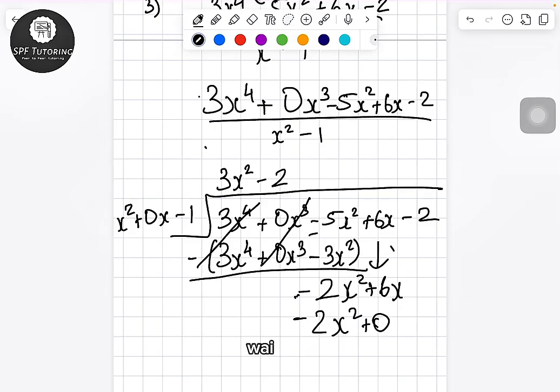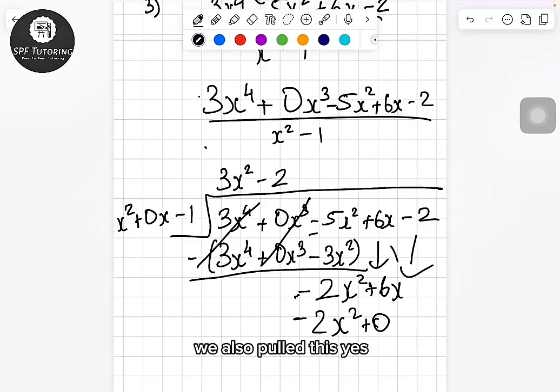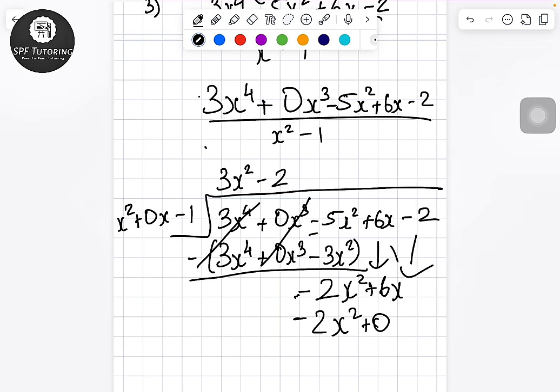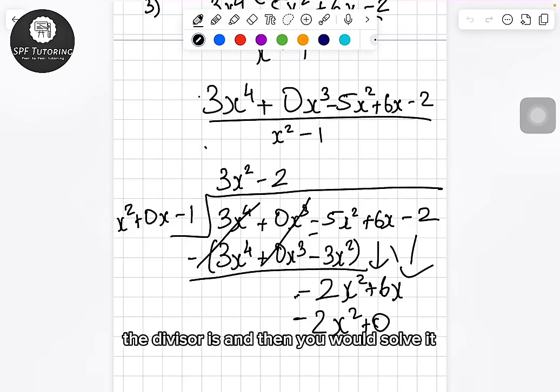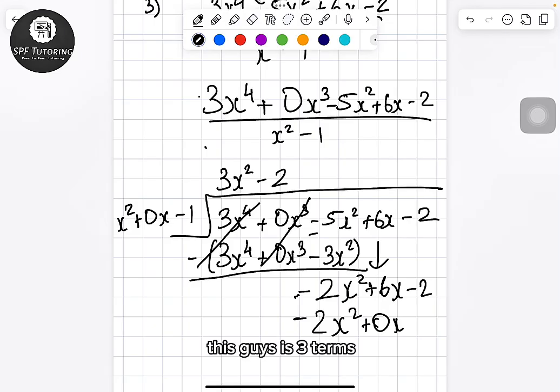And we would say, hey, wait. You never said this would go up here. We also pulled this. Yes. Because it depends what the divisor is, and then you would solve it accordingly. Because it's 3 terms, you would bring down 3 terms.